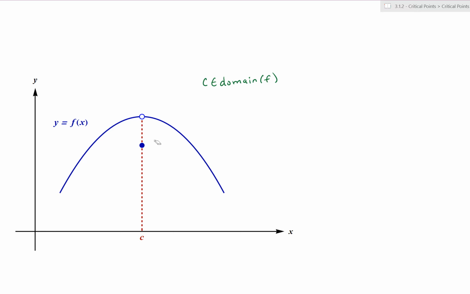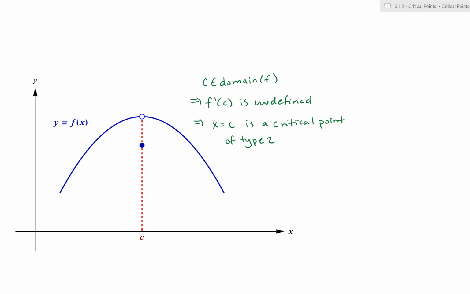However, because we're discontinuous at x equals c, it follows that f prime of c is undefined. And in this case, we would say that x equals c is a critical point of type 2, because the derivative is undefined and the value x equals c is in the domain of the function.